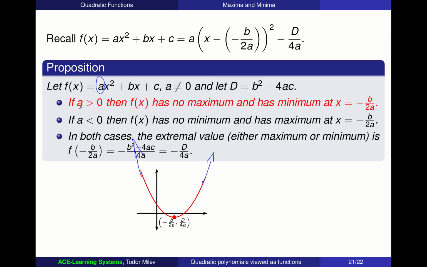So if the leading coefficient is positive, then my function has no maximum and has a minimum attained at the tip of the parabola, which is given when x is equal to negative b over 2a. If my leading coefficient a is negative, I have a parabola which opens down, and then that function has a maximum when x is negative b over 2a.